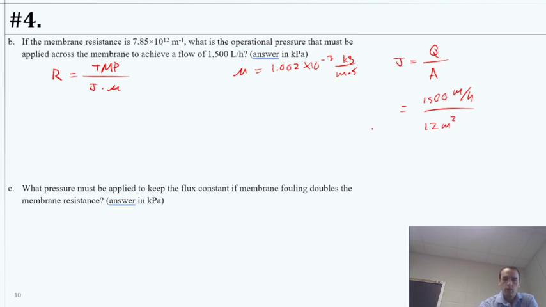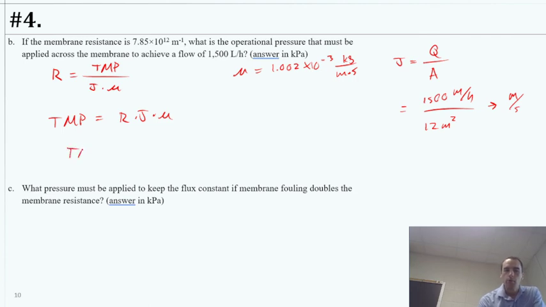With that, we know our R, so really what we want to do is solve for transmembrane pressure to be R times the flux times the mu. And we'll need that in seconds also, because our mu is in seconds. So we would want this in meters per second. I don't have that written for you.